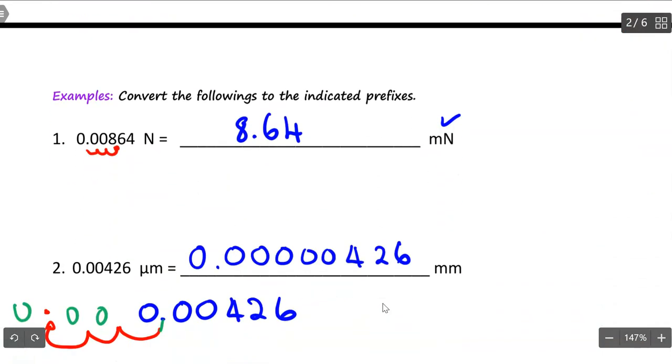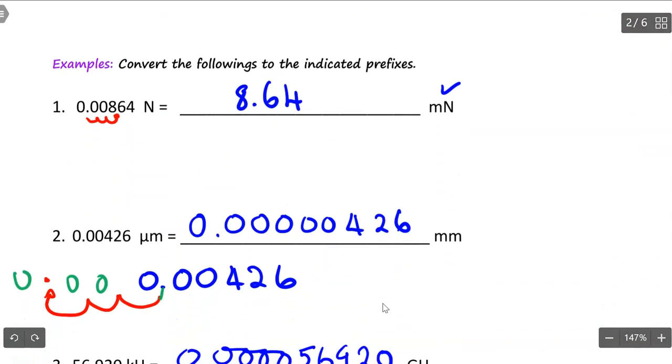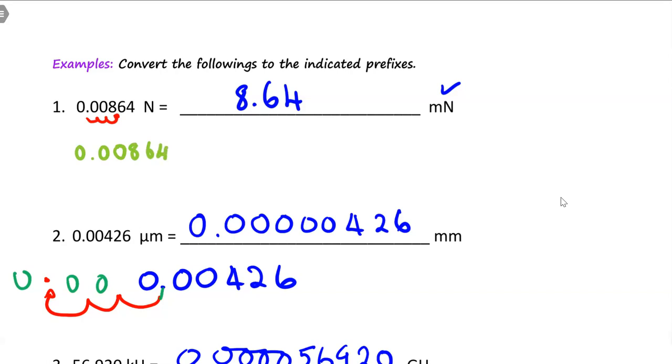Okay, so in this case you see, I can tell you that I can apply the exponential method here too. Okay, so I can quickly try that. Okay, so I can quickly do this for you. So 0.00864. Okay, so I want a milli. You see that? I want a milli.